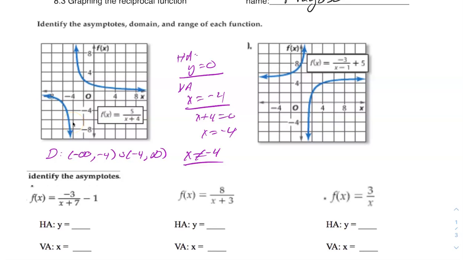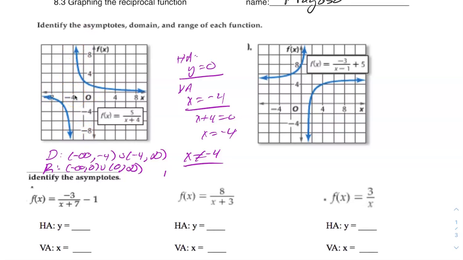Range is a similar idea. For the range, you could say you're going from -infinity to 0, and then 0 to infinity. Or you could just say the only thing you can't hit is the horizontal asymptote. So y cannot equal 0. And there you go.